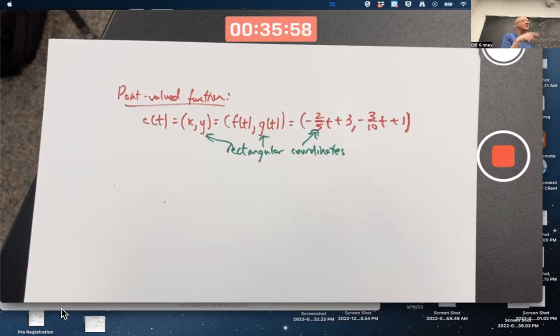It's kind of like you're looking down on the surface of the Earth, looking down on the North Pole, and you're looking at lines of latitude and longitude. That's why it's called polar coordinates. You see lines emanating from the origin and circles centered at the origin. The circles tell you how far you are from the origin, and the lines emanating from the origin tell you what angle you're making with the positive x-axis.